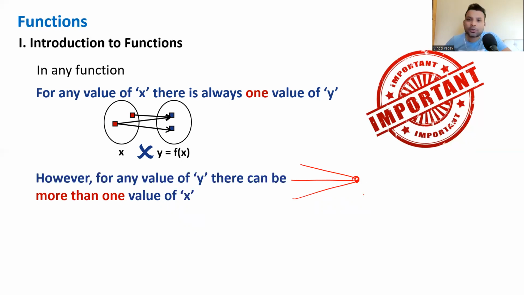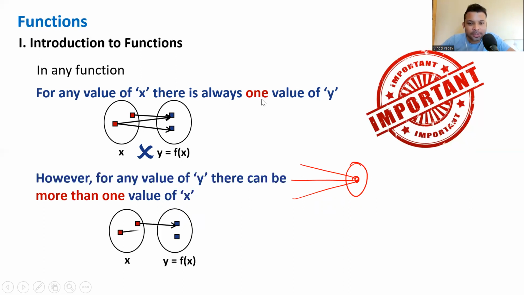As long as output is unique, there is no problem. So out of all the relations, one to one and many to one can only become functions. One to many and many to many cannot be a function. All right, cool. This is perfectly fine, right? Many to one, because output is unique.